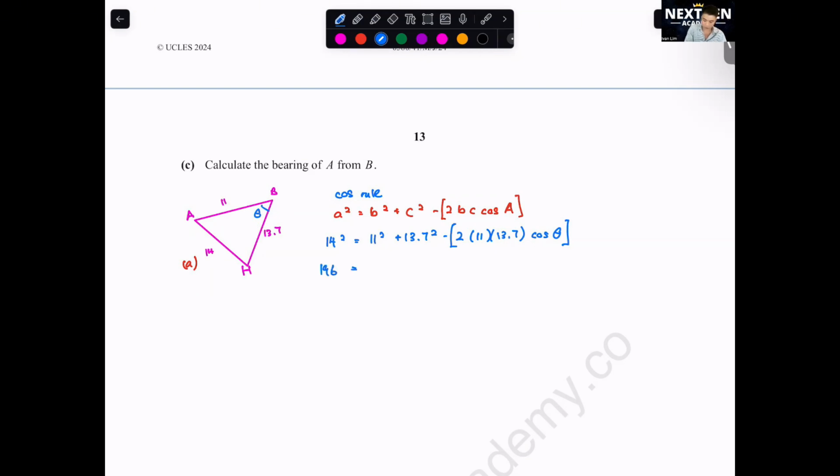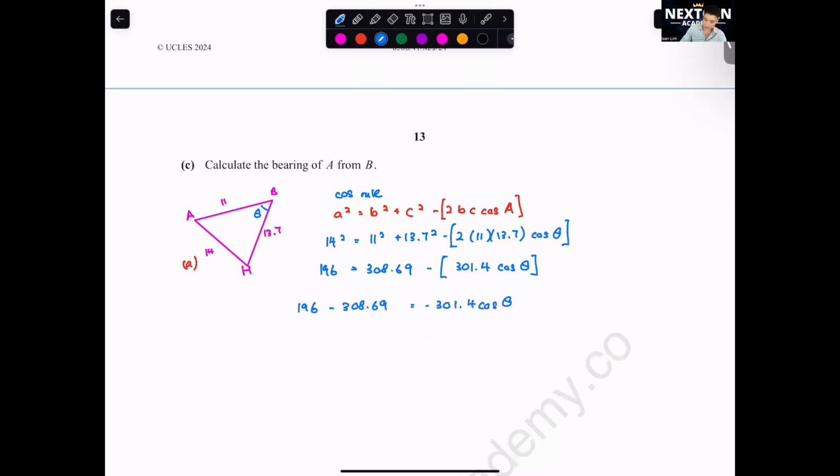196, 11 square plus 13.7 square. This one you write as 308.69 first. And I want you to keep the bracket, because often I see students take the 308.7 and then minus the value here. You cannot minus this value. You have to bring the 308.69 to the left-hand side first.